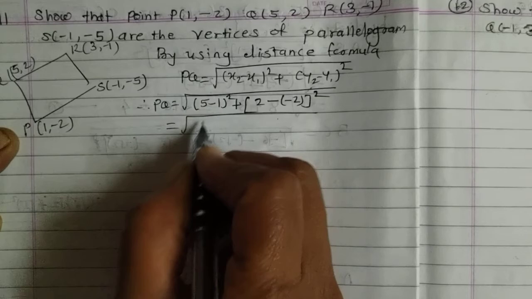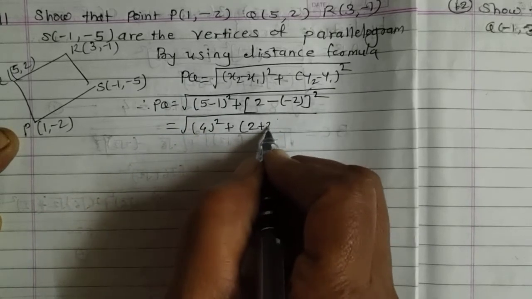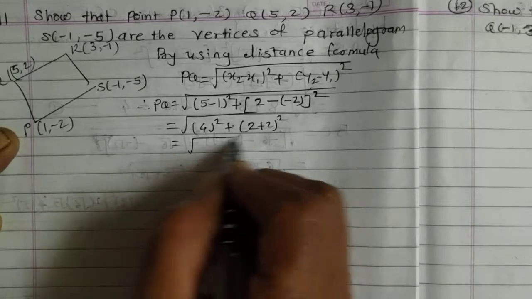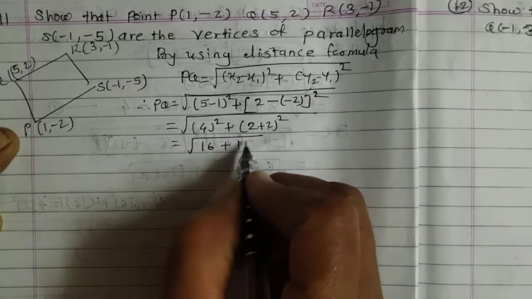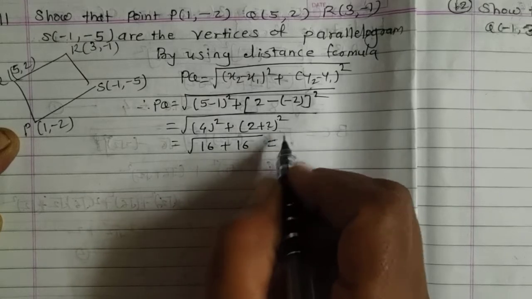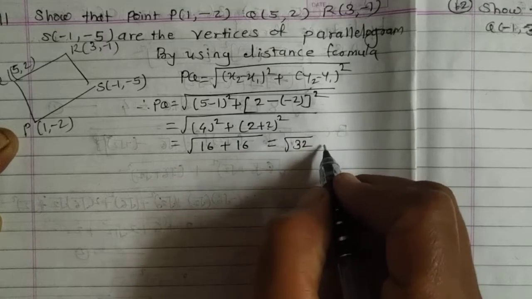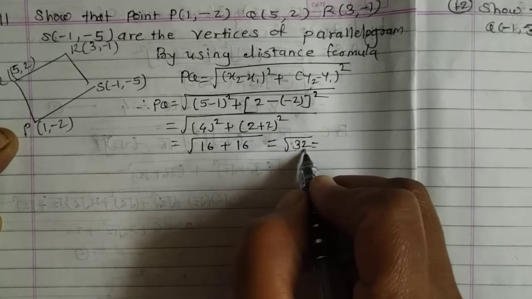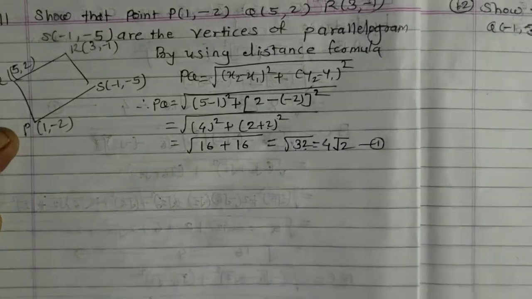Then we obtain (5 minus 1) means 4 square plus (2 plus 2) whole square, that is equal to 4 square, 16, plus 2 plus 2 again 4, that is also 16, means here we obtain root 32, or you may simplify as 16 into 2, square root of 16 is 4 root 2. This is the first side.